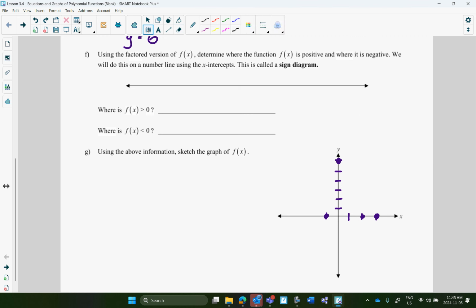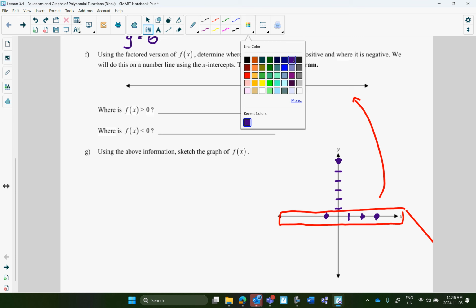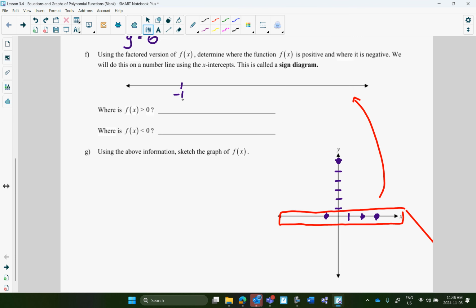So what I'm going to do is take the x-axis, pull it off the graph, and make it bigger here. So I'm going to get -1, 2, which is about here, and 3. That's all I've done: I've taken the x-axis and isolated it.